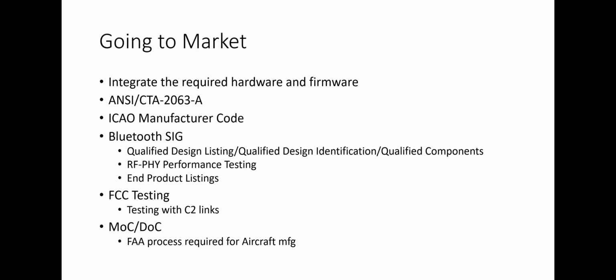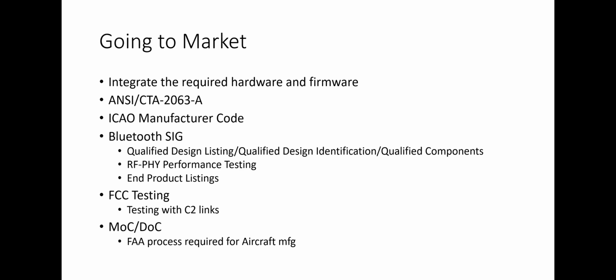And going to market. So how do we get to market if you're a manufacturer? You integrate the required hardware and firmware. You're going to need to grab yourself a copy of CTA 2063. And in that, you're also going to end up having to go get a manufacturer code from ICAO. Because Wi-Fi is stupid and we don't consider Wi-Fi, we only consider Bluetooth. You need, and by we, I mean me, you need to go to Bluetooth SIG and get yourself set up to have your end product ID.